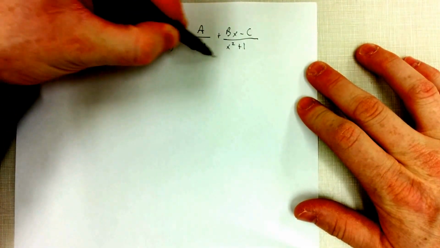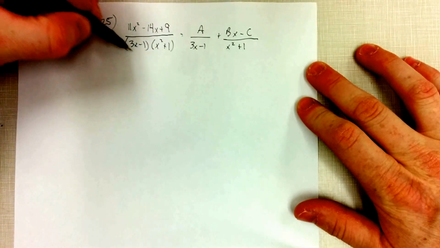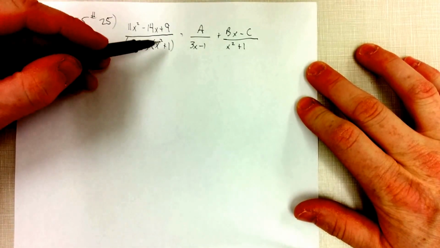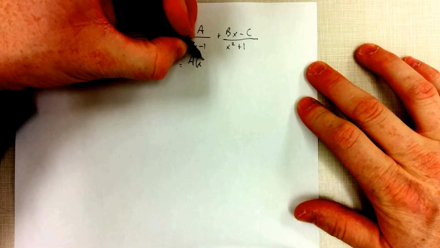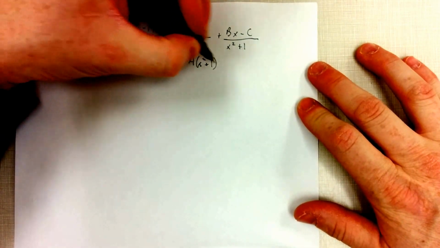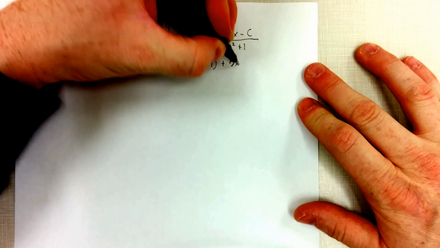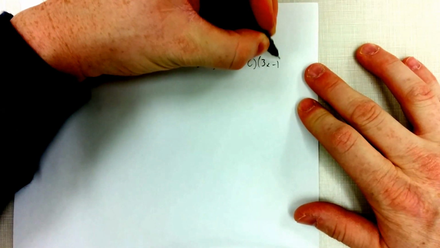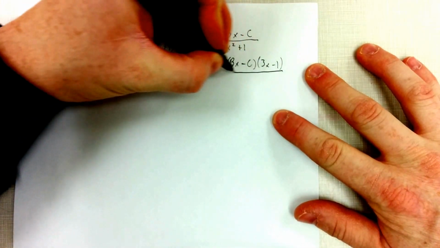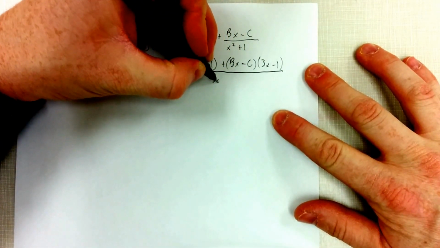So if we were to take a common denominator on this side, we should get that side. So let's go ahead. We can already see the denominators match. So what we'll get is A times x squared plus 1 plus Bx minus C times 3x minus 1 over our common denominator.